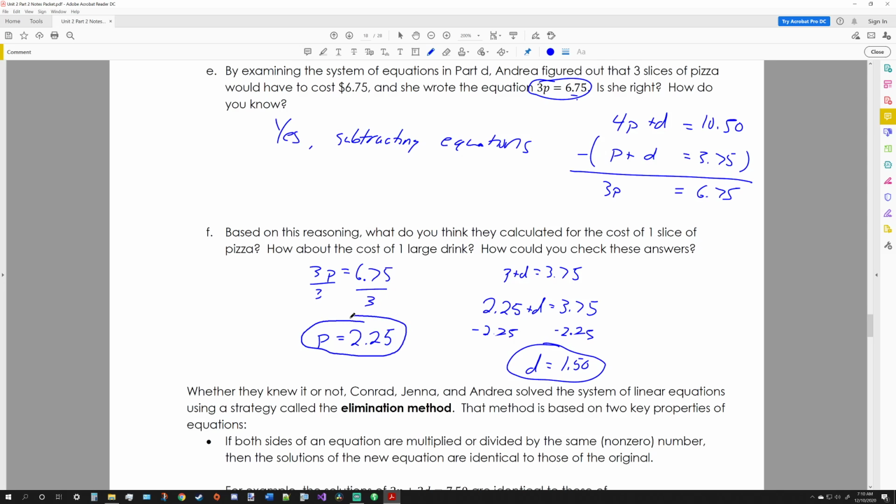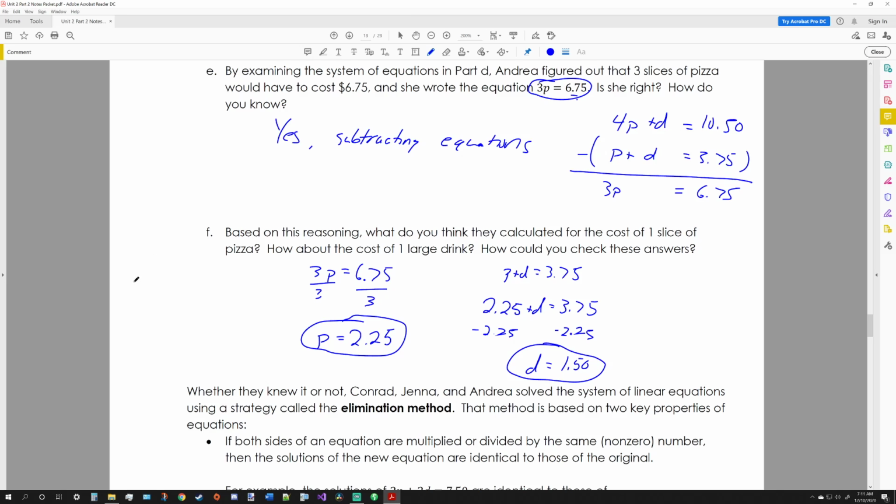Now, last class we talked about how the solution to a system of equations is a coordinate point, x comma y. In this case, it's not a coordinate point because we're not using x and y. We're using actual variables, like something that actually represents something. And so in these type of questions, especially with word problems, we should answer it in words.